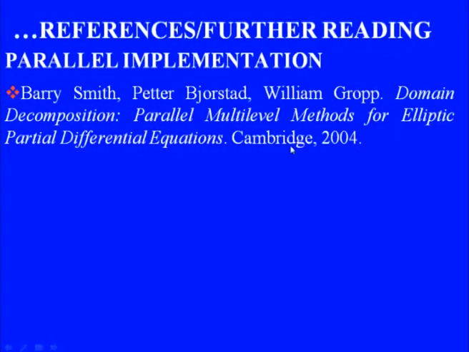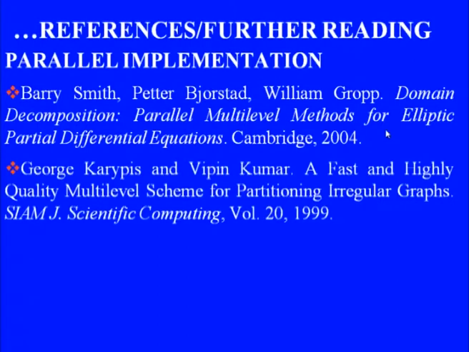Similarly, on parallel implementation, you can look at the textbook of Barry Smith, Petter Bjorstad and William Gropp, Domain Decomposition: Parallel Multilevel Methods for Elliptic Partial Differential Equations. This particular book provides a very nice description of multigrid methods as well as the Schwarz methods and their parallel implementation.